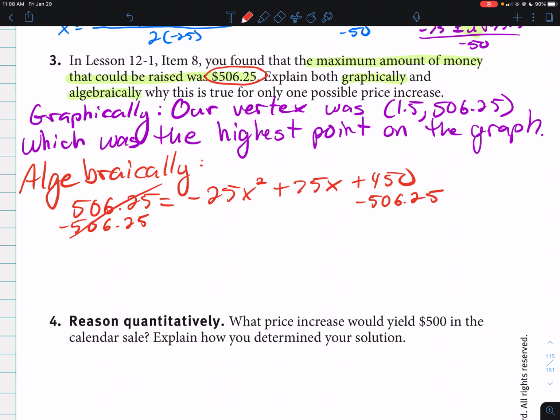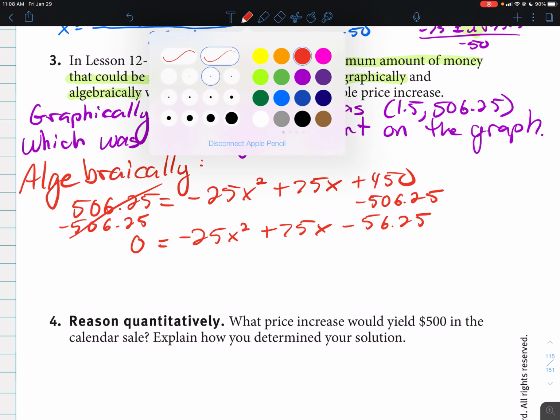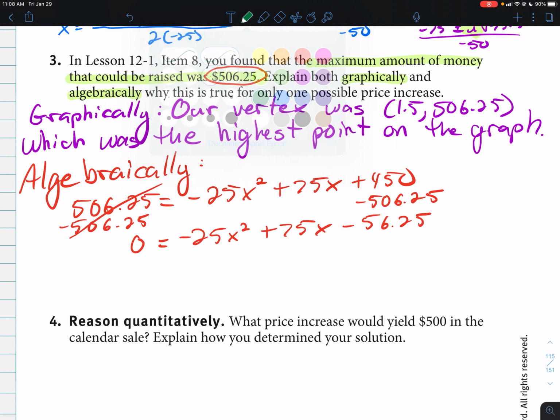And that gives me 0 equals negative 25x squared plus 75x, and then 450 minus 506.25 gives us minus 56.25. And again, I'm not going to try to factor it. I'm just going to use the quadratic formula.